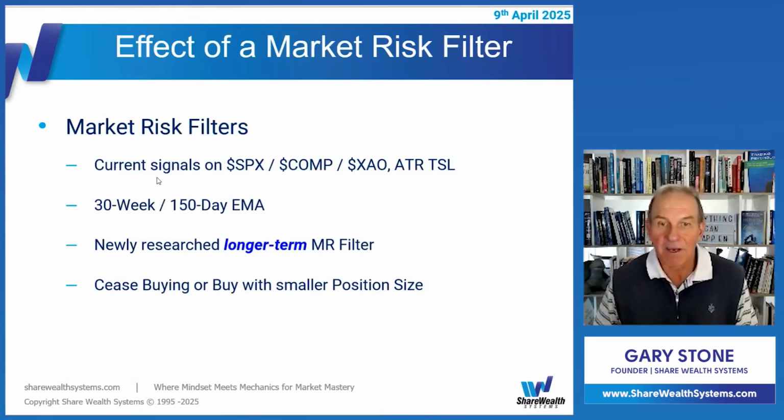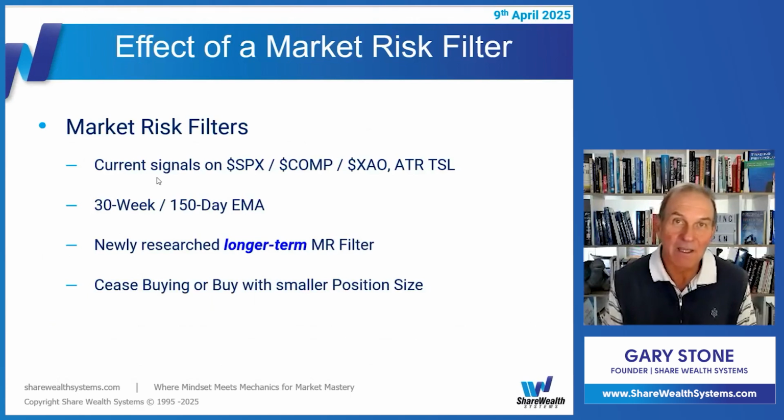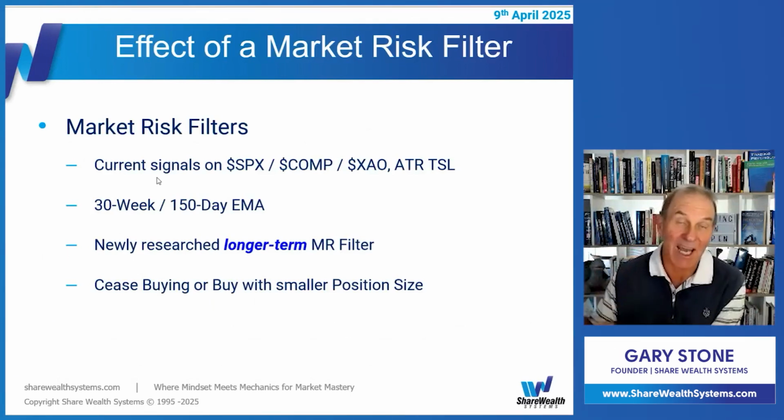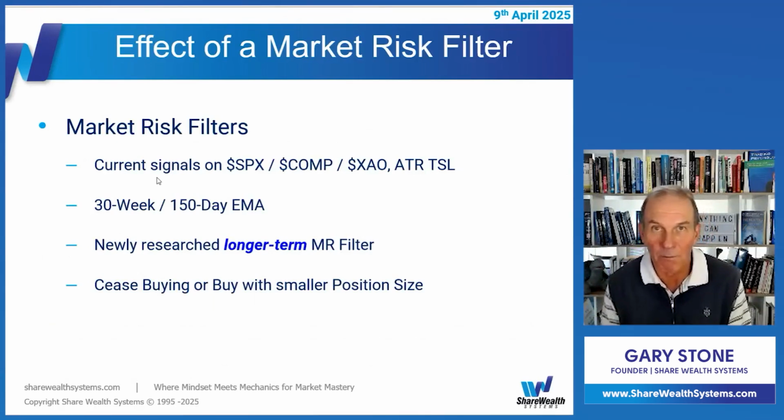But you have other variations, in that when it's below the filter, you can buy with a smaller position size, because the biggest negative effect that a market risk filter has on performance is that when the market does turn, that delay, and it happening multiple times, of getting back into the market when the prices start moving up, and having multiple delays like that for each market risk, coming out from high to low market risk, is what stunts performance.